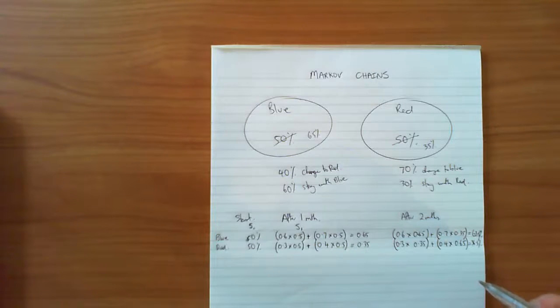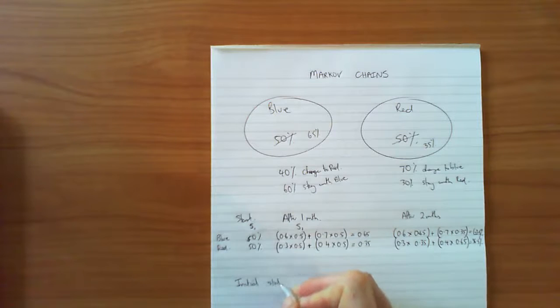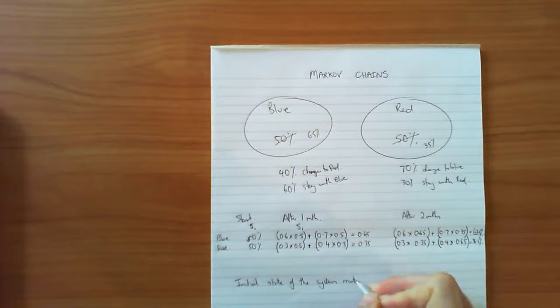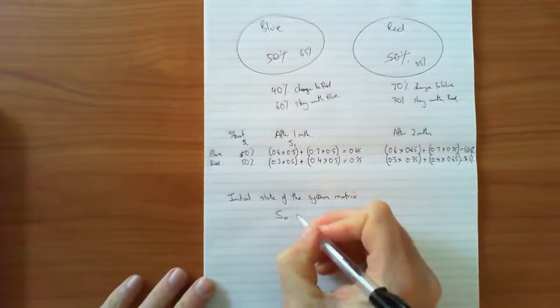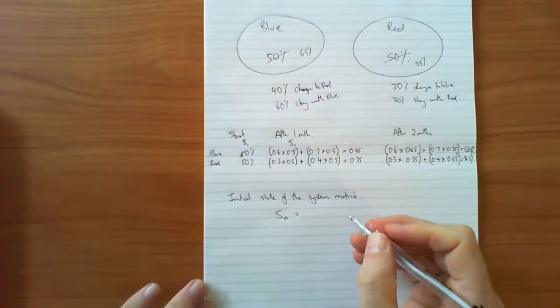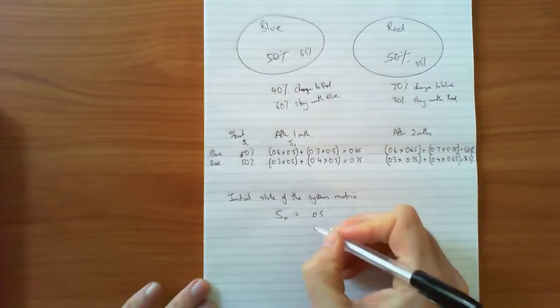And so what we're going to do is set up our initial state of the system matrix, and we're going to call it S0. S0 is the initial state, which will be the 50% and the 50%.